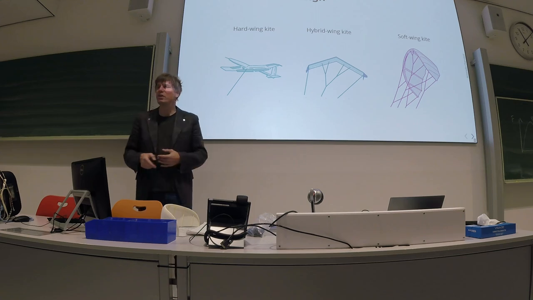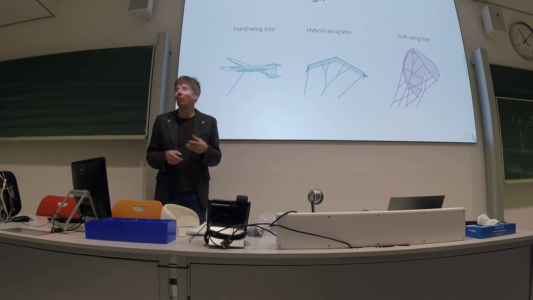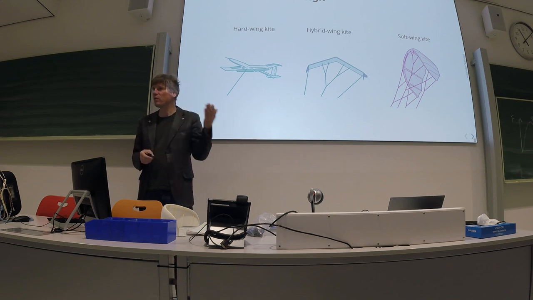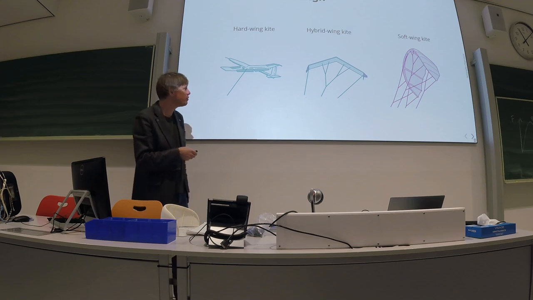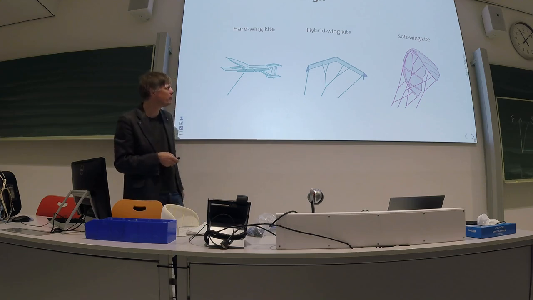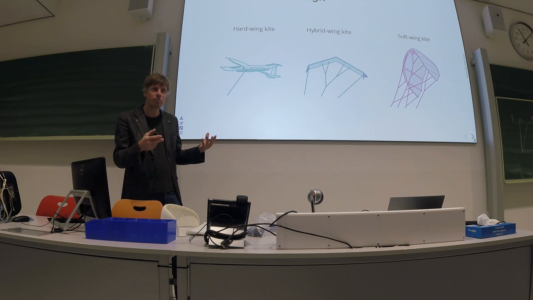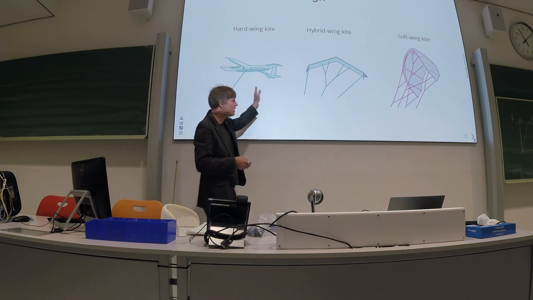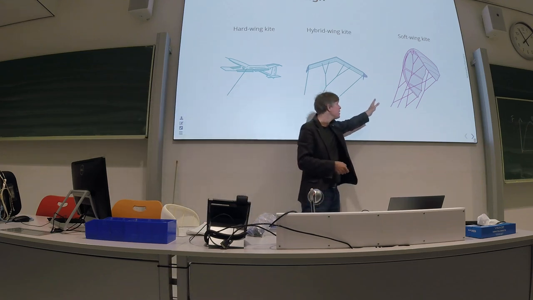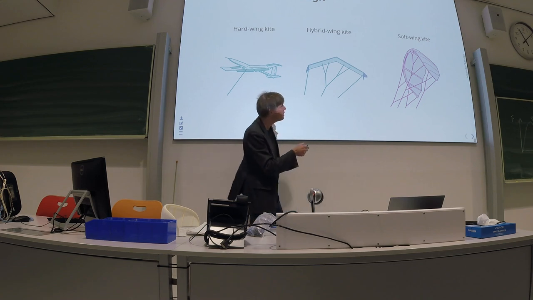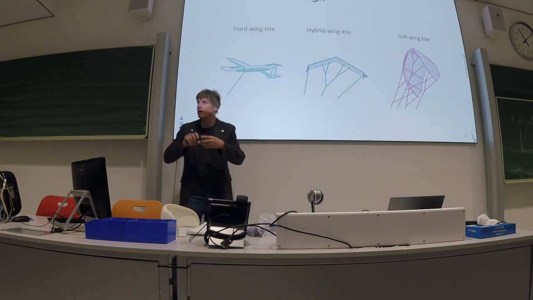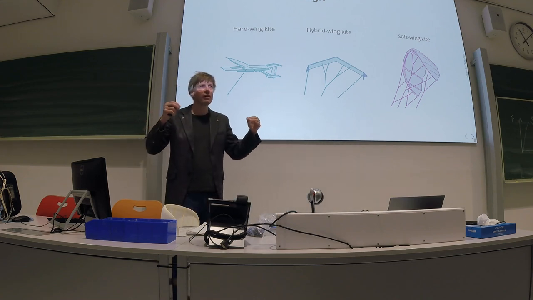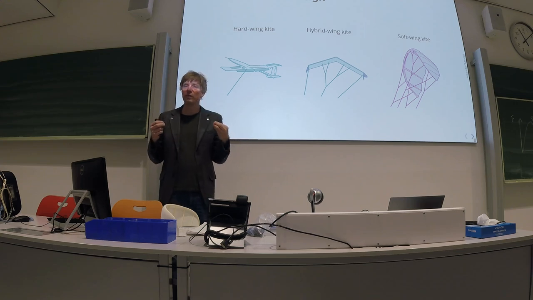You have to imagine this like you would build a model airplane, or the airplanes that were built around the First World War. It's the same construction principle, only we use modern materials. And in practice, you will find many variants of kites here in between. Also the soft wing kites, they use rigid stiffeners to have increased wing loadings.